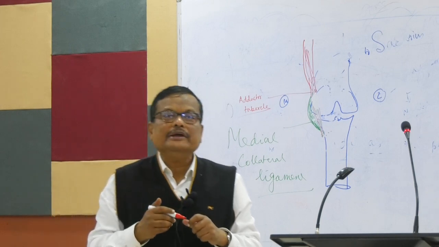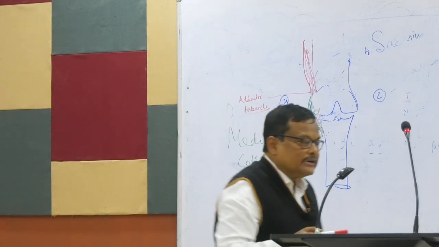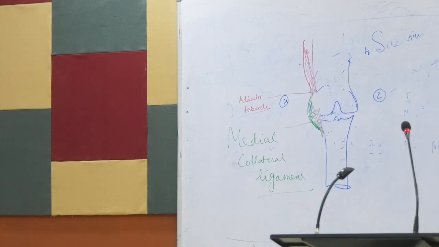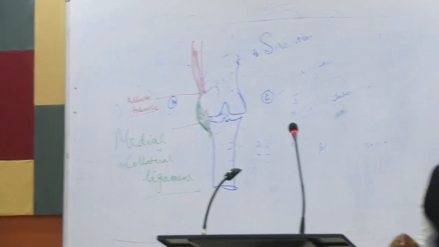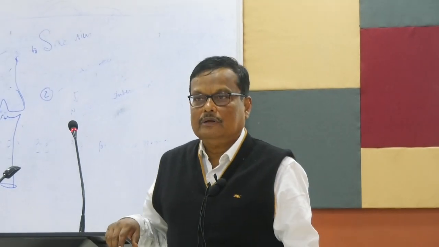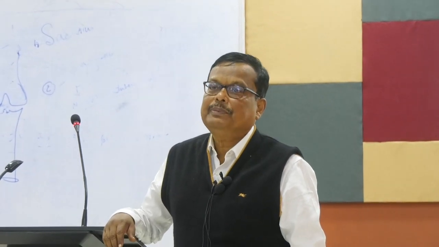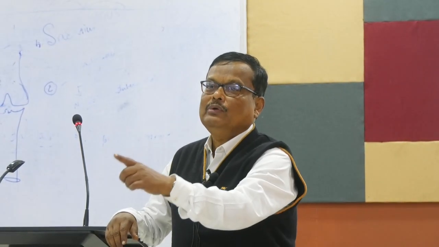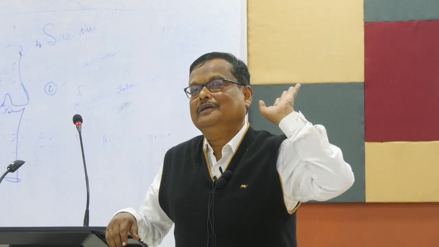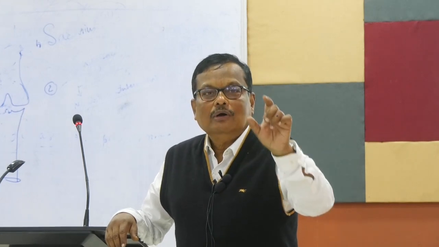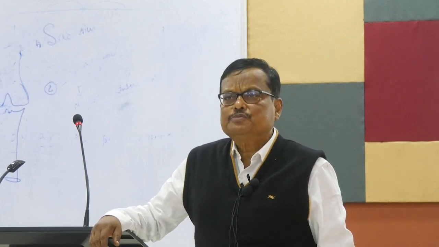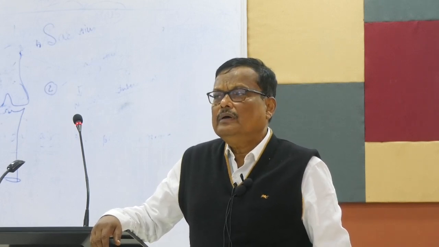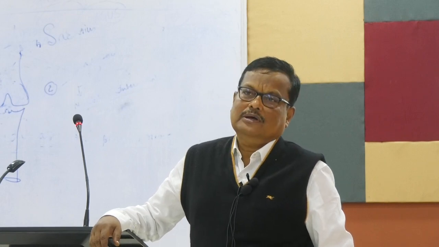Or why is the short head of the biceps femoris not a hamstring? Because it takes origin from the femur, not from the ischial tuberosity. Plus, it is supplied by the common peroneal component of the sciatic nerve. So in the oral exam they will ask: do you think biceps femoris is a hamstring muscle? No, sir.